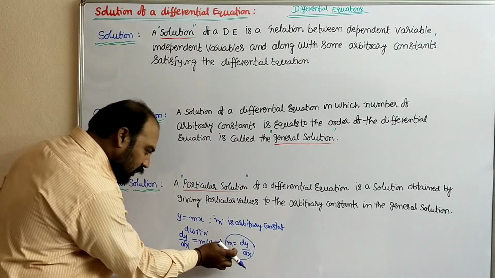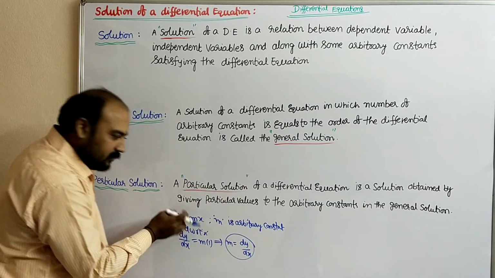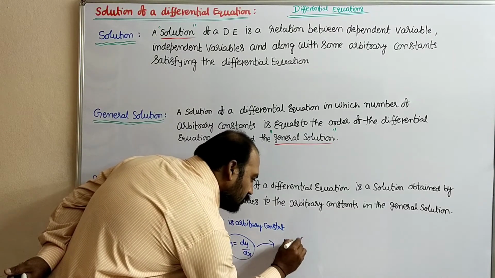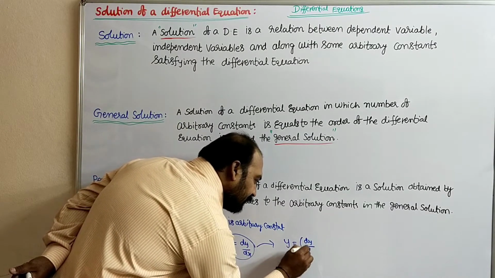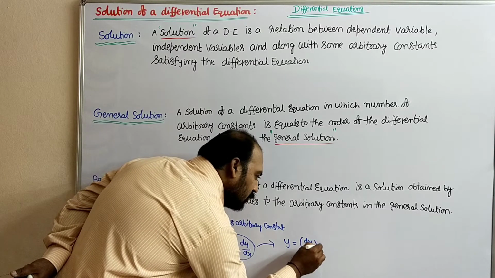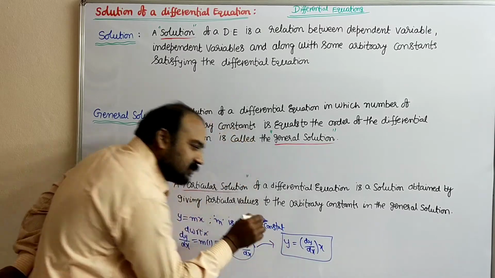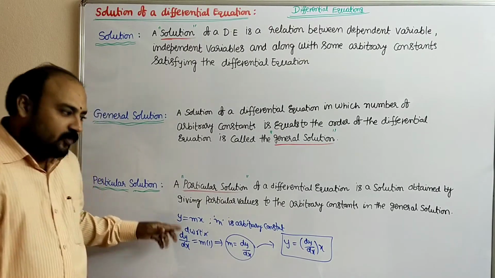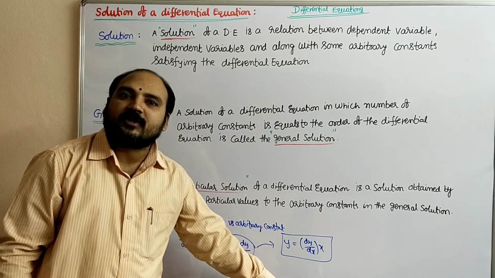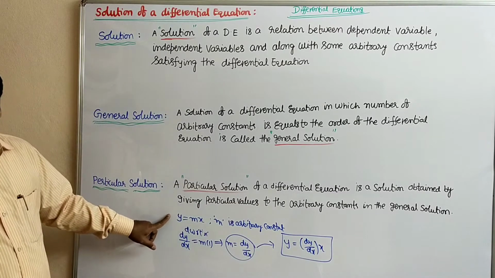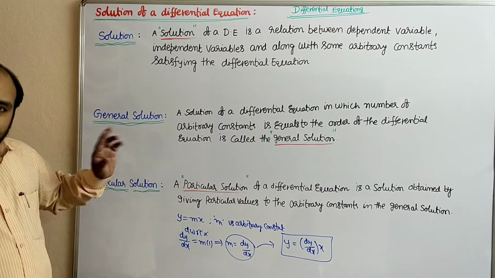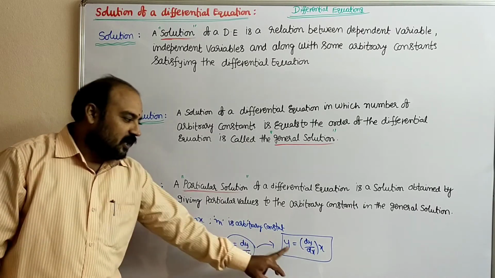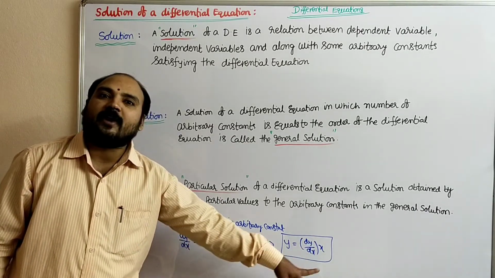Substitute this m value in the equation: y is equal to dy by dx into x. This is the differential equation. y is equal to mx is a solution of the differential equation. This is called the general solution, for the arbitrary constant m, of the differential equation y is equal to dy by dx into x.